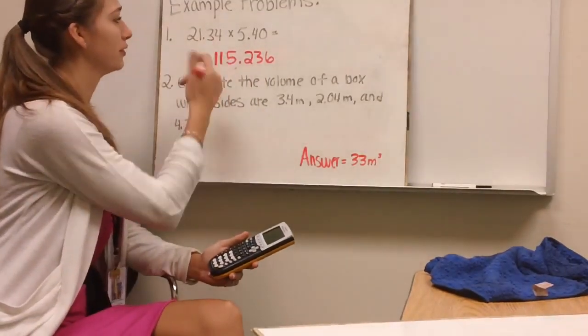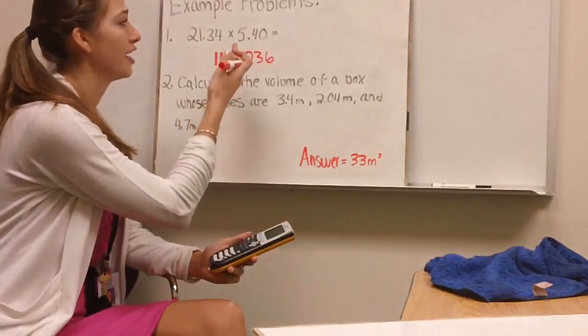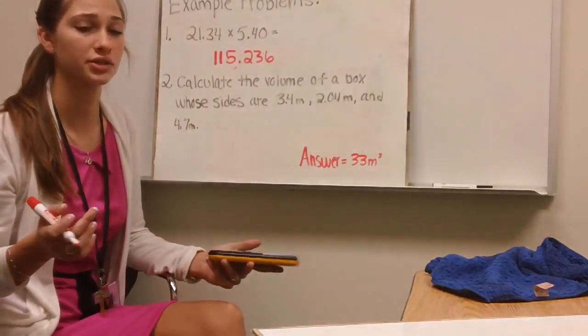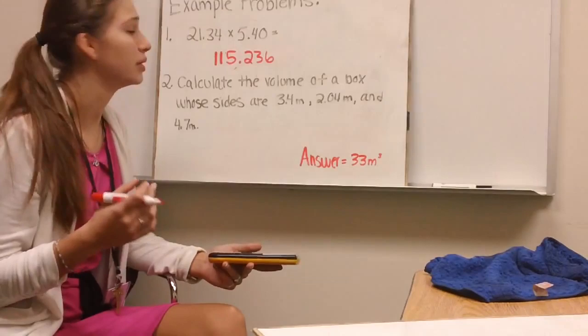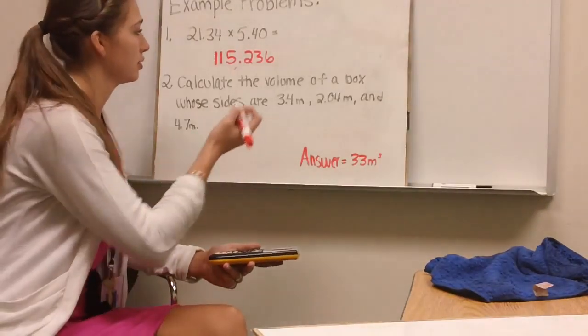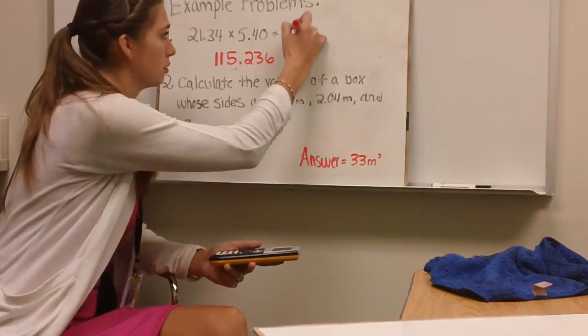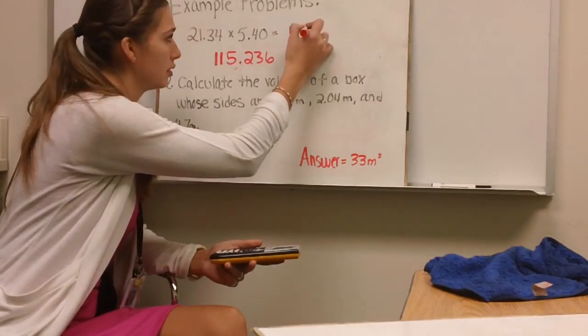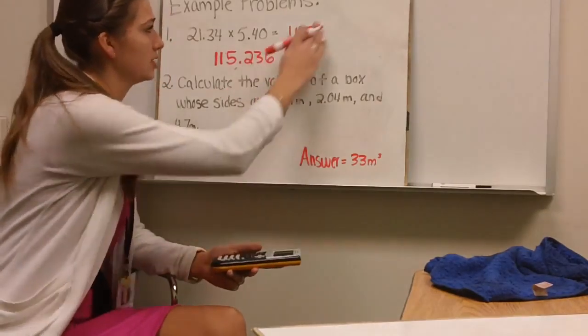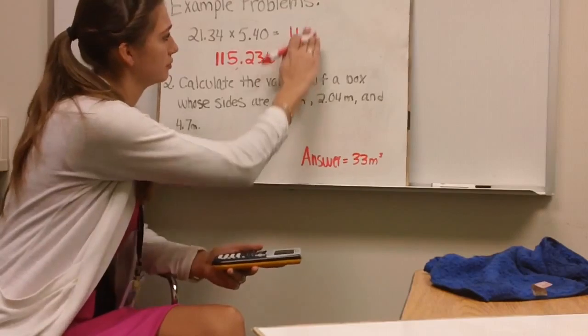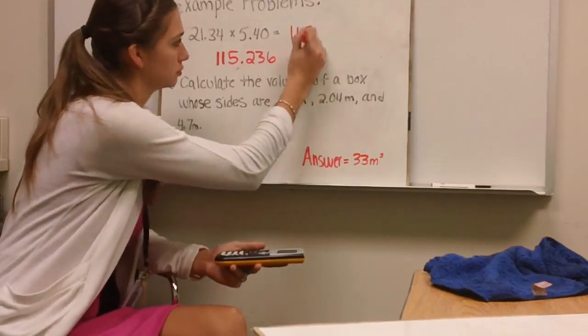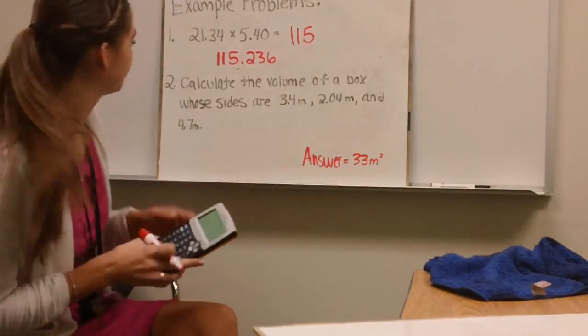So 21.34 has 4 significant figures, and 5.40 has 3 significant figures. So we need to round our answer to 3 significant figures. So in order to do that, we would get 115 as our answer. Make sure everyone can read it.